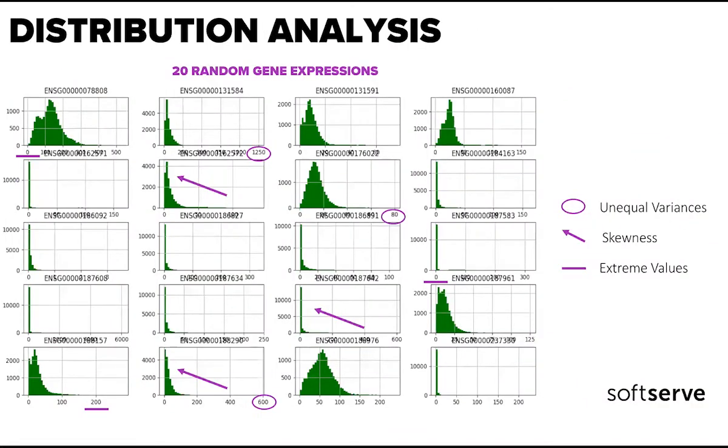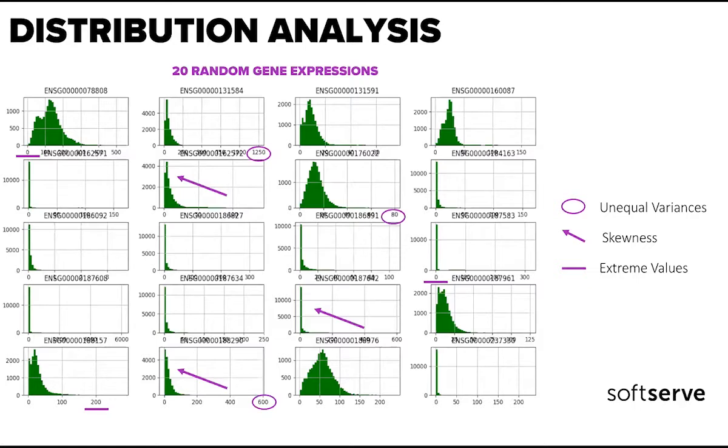Yeah, so the first thing to do is to look at the distribution of the data. As we have 18,000 features, I just took 20 random gene expression features and built histograms. We also don't know whether we should use linear or non-linear models, and the data looked like a linear model would not work well here, at least without any transformations.